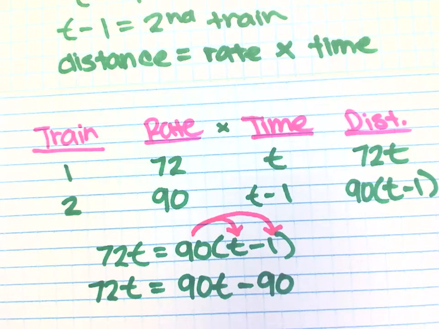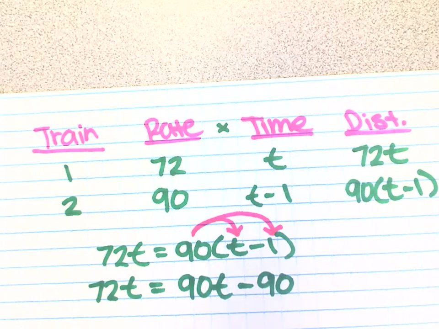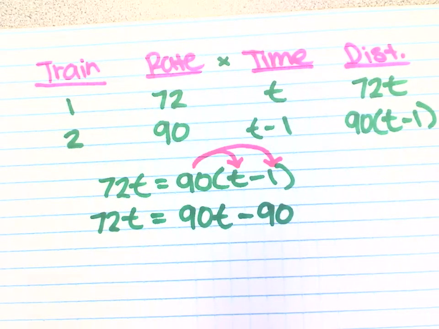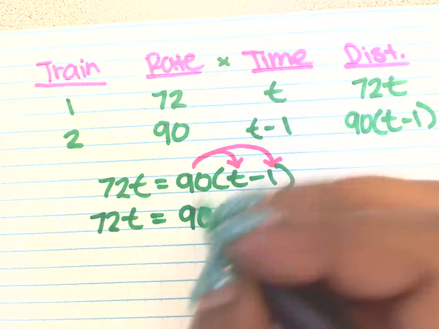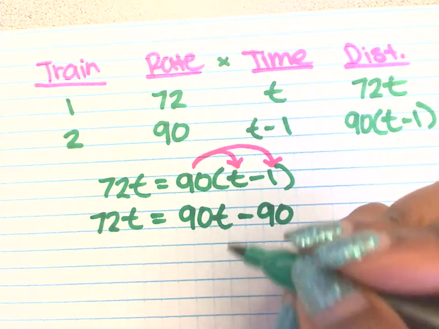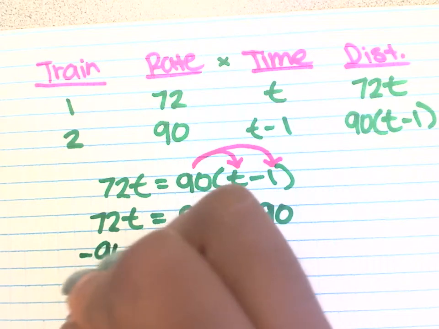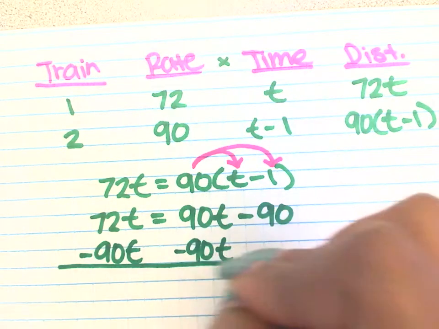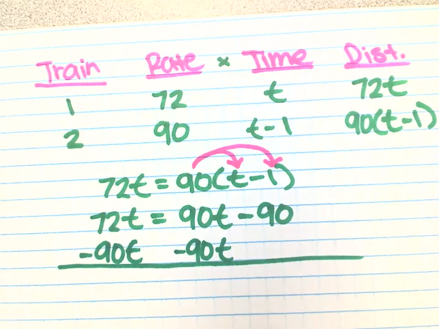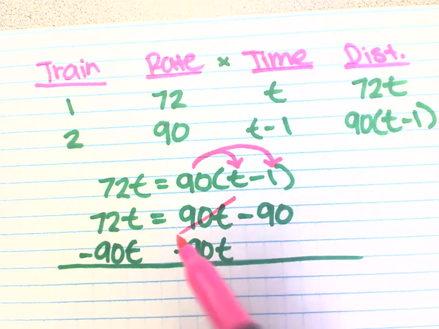So now what I need to do is, again, isolate my variable. So I need to subtract 90T from both sides. You have to get the variables on one side. Subtract 90T. Positive 90T and negative 90T cancel out.